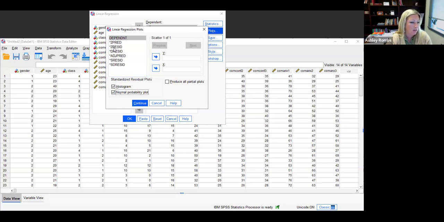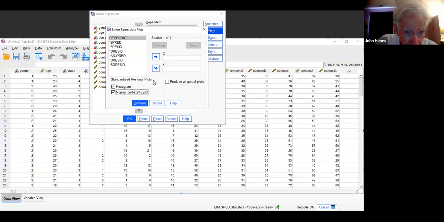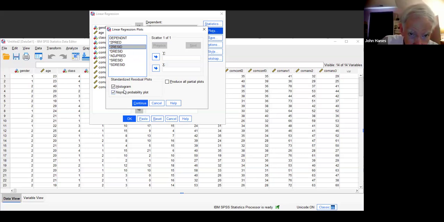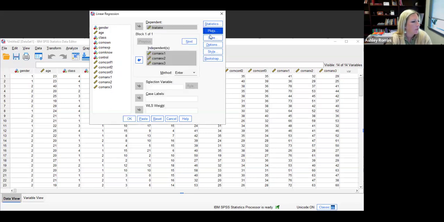Dr. Haynes, would you move anything to Y or X? I'm trying to remember what I did. I think I just picked a bunch of them, the Z predicted and Z residual, and then I utilized the standardized residual. You may get everything you want with what you've got now. Okay, I'll just do that for now.